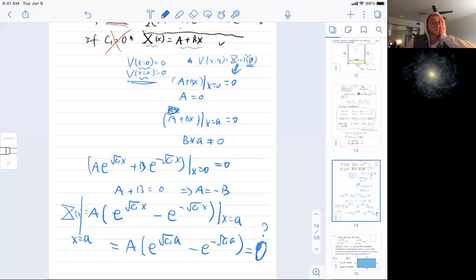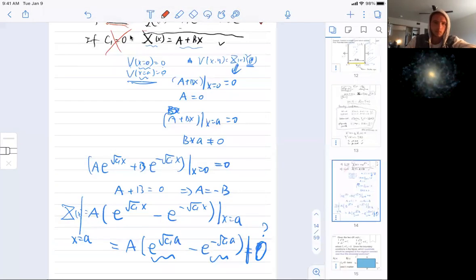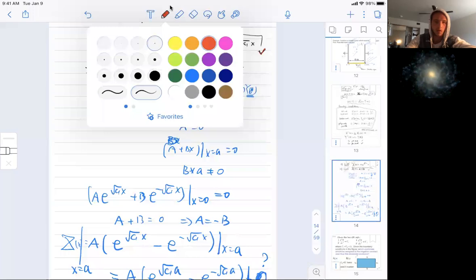It's not 0, right? These two are not the same number. One minus the other is not going to be 0. It might satisfy one of the boundary conditions, but it's not going to satisfy both. So this one is no good. Doesn't work.